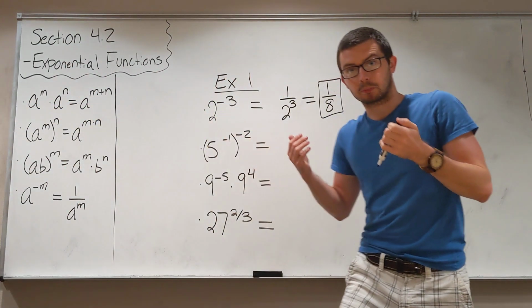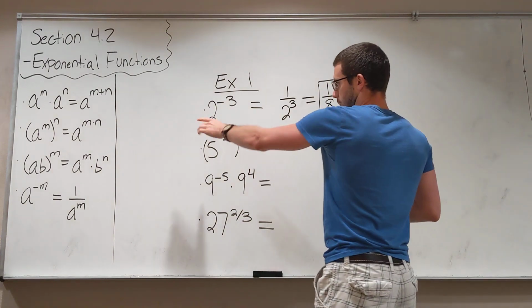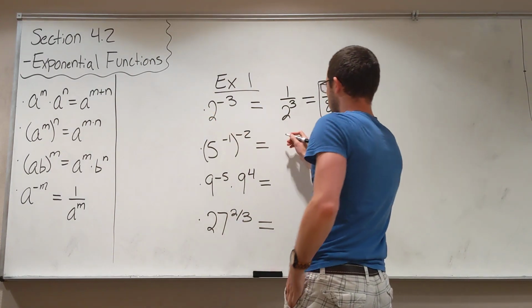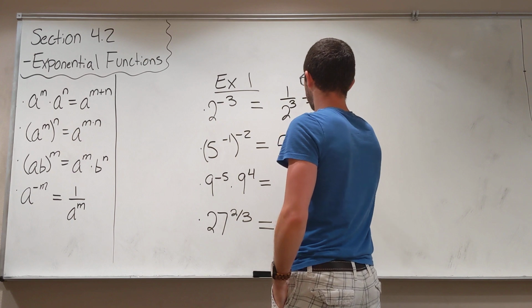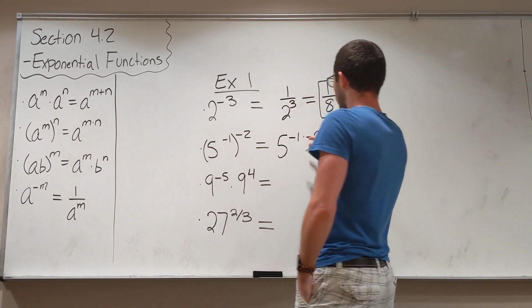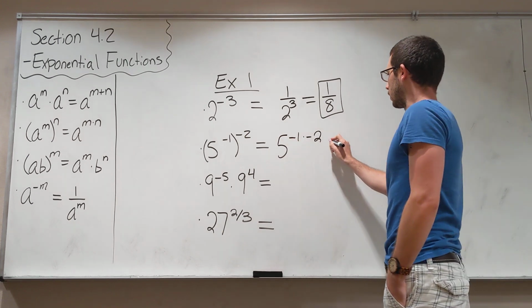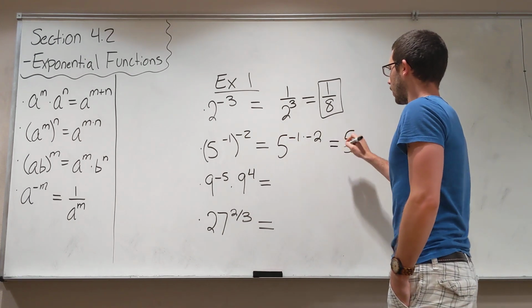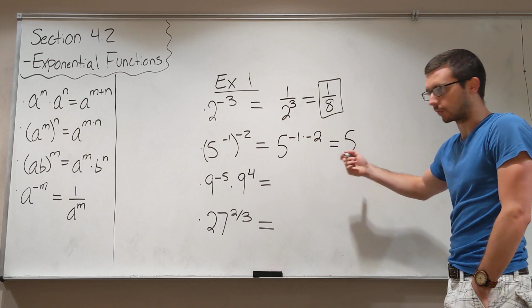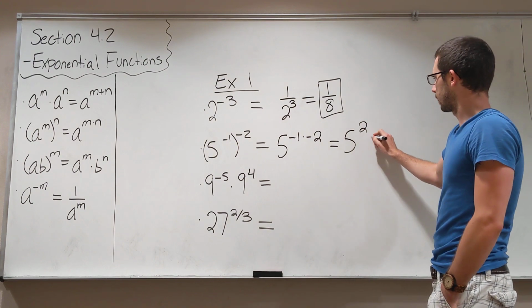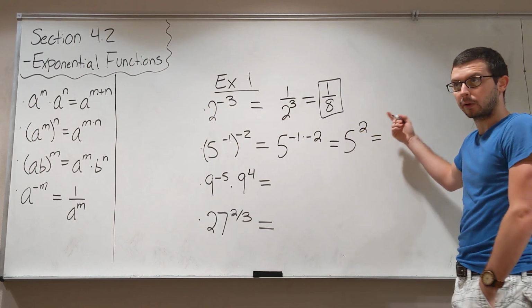So we're going to do precisely that. That rule says that we will multiply the two exponents together. So notice the negative 1, the negative 2, and that product is simply, well, negative 1 times negative 2 is positive 2. And we all know what 5 squared is, it's 25.